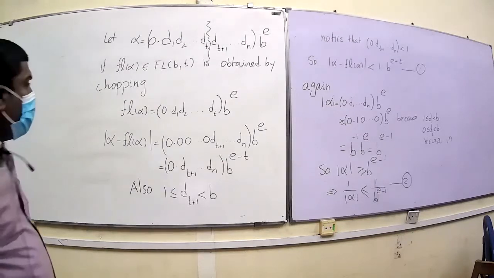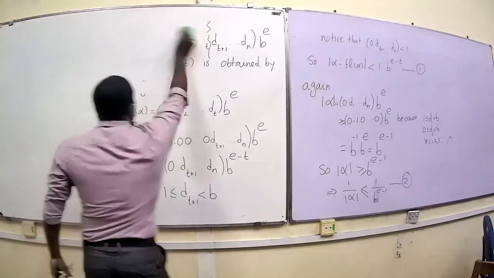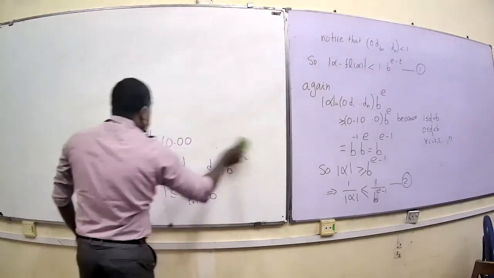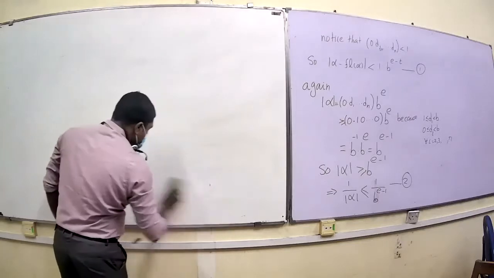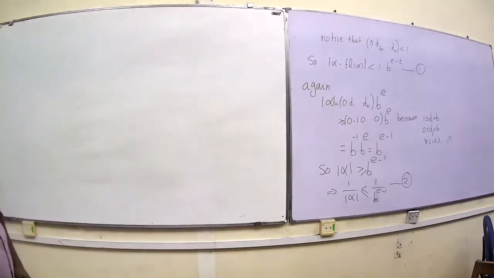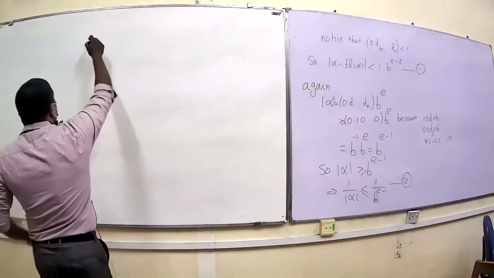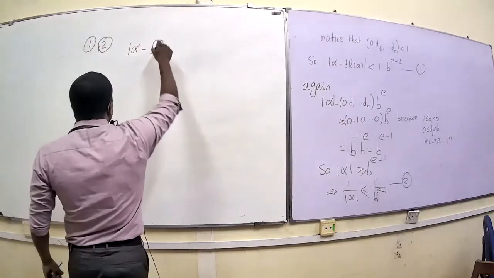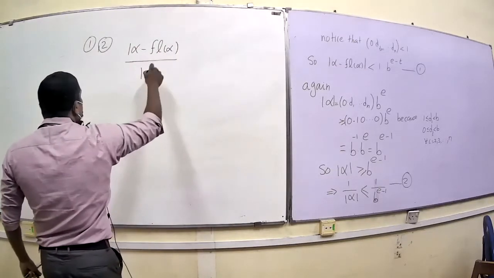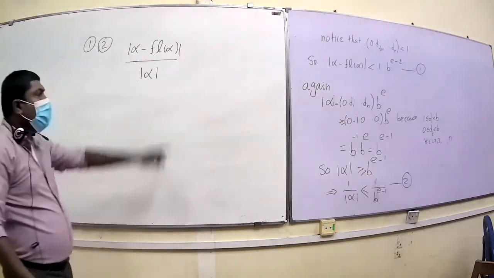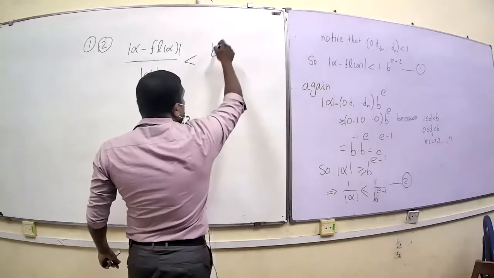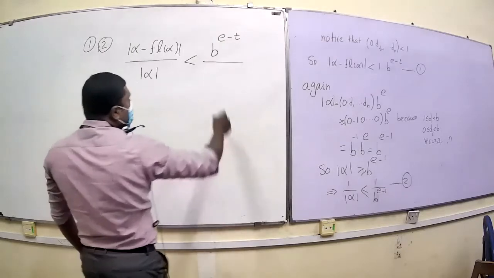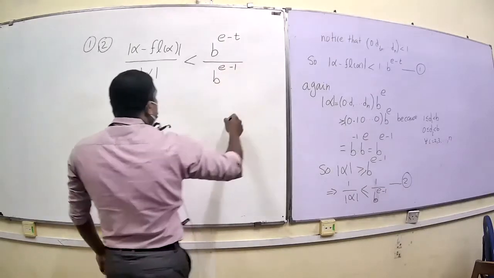So if you combine equation 1 and 2, because you want to get alpha minus FL of alpha divided by the absolute value of alpha, this one is less than b to the power e minus t over this one, which is b to the power e minus 1.